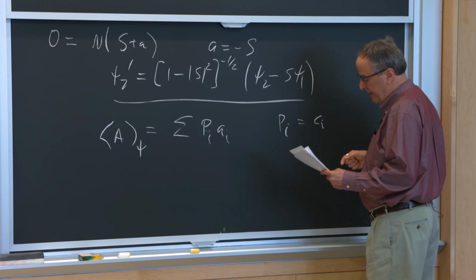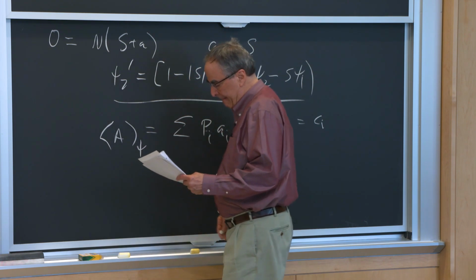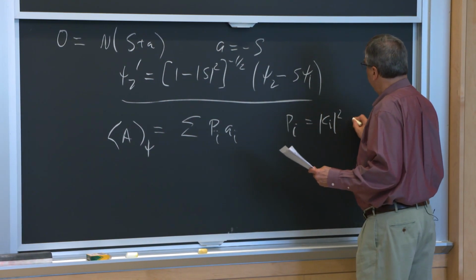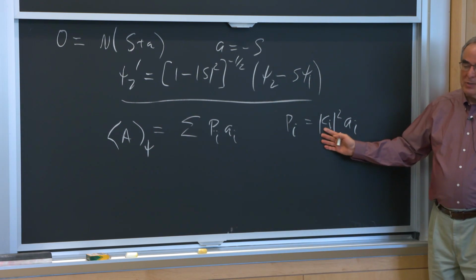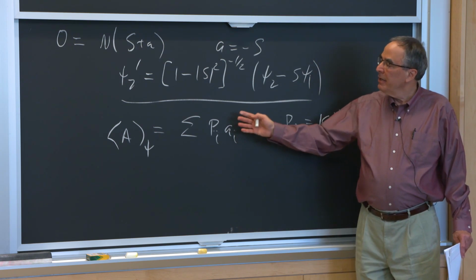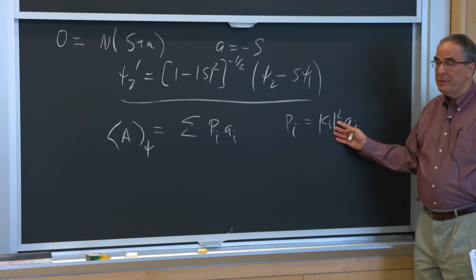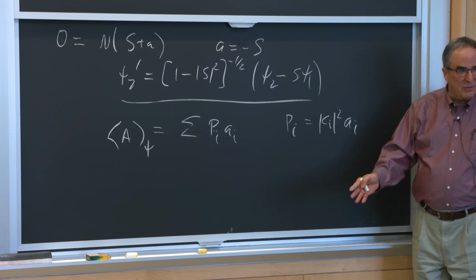I better be careful here. Well, let's just do it. Where this is the mixing coefficient of the ith eigenfunction of A in the original function. So we get probabilities, mixing fractions, and we have mixing coefficients.